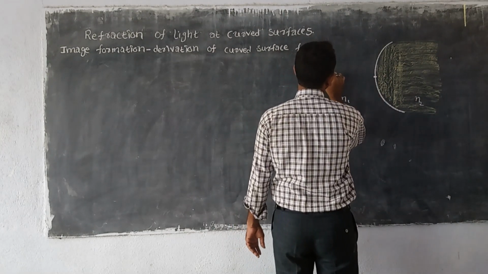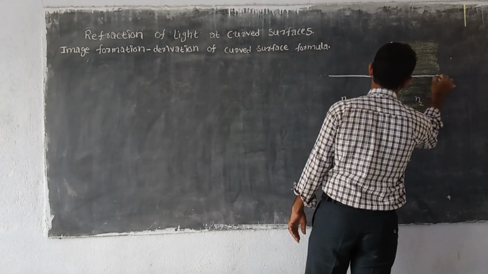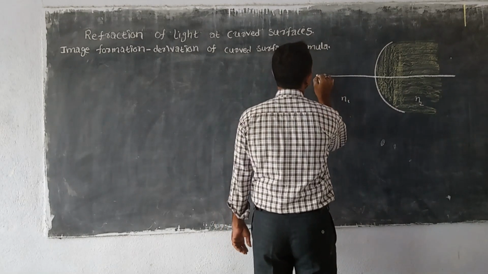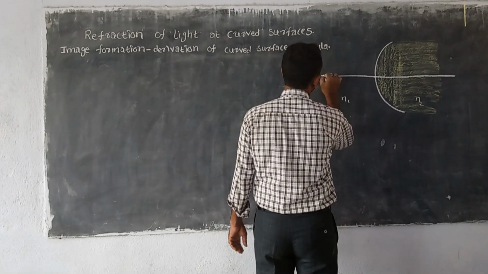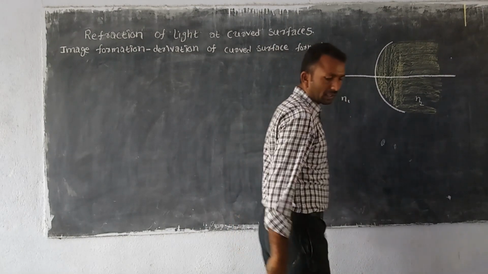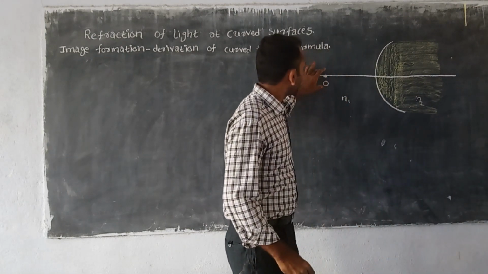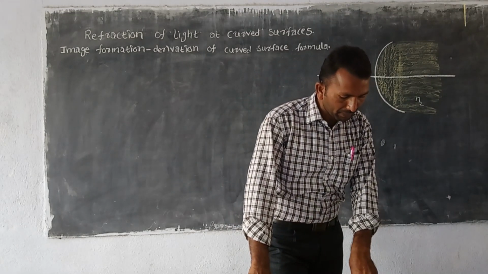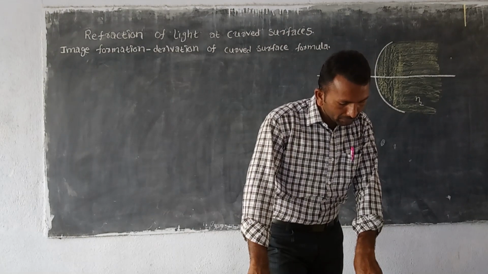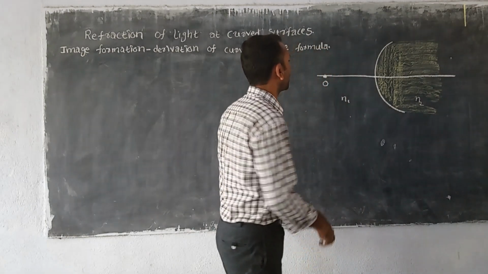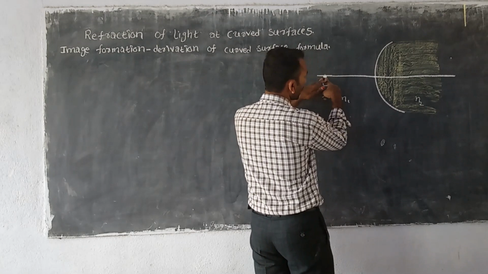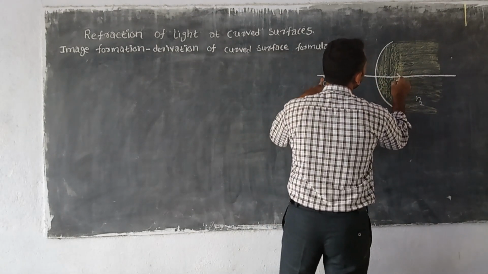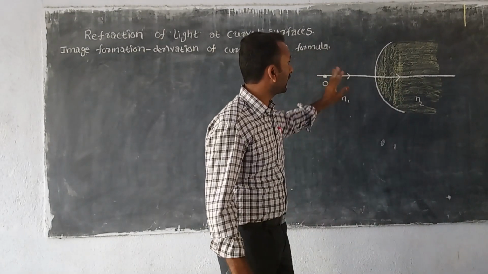The ray which travels along the principal axis passes through the pole undeviated. We have already learned about this.